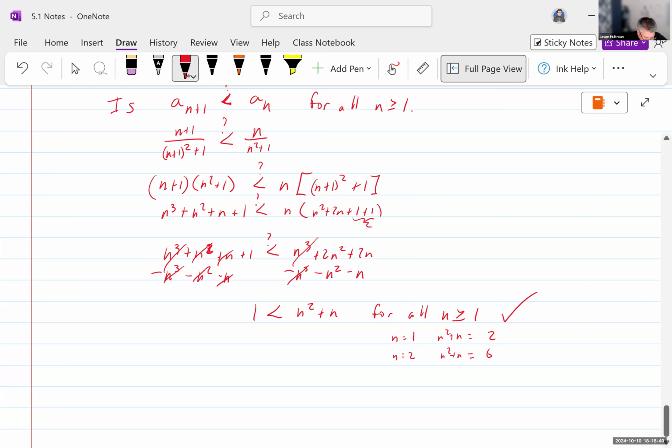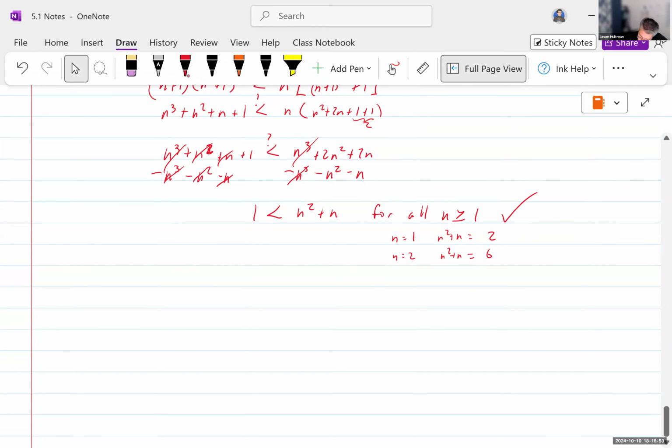That does check. It tells me that this thing is decreasing. Therefore, since a sub n plus 1 is less than a sub n for all n, the sequence is decreasing.